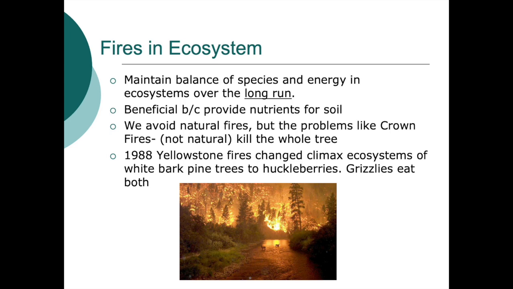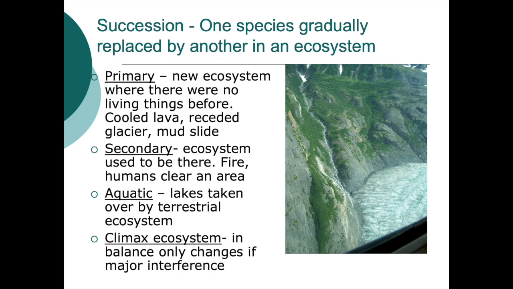If we're thinking about fires, they are beneficial in the long run. They are recycling all of those nutrients that are in those trees. However, when you have crown fires, when the entire tree catches on fire, the entire tree dies. And so you can have an entire change to an ecosystem because of something like a crown fire. And then the process of succession: when you have bare land, there is a process for that to become an ecosystem.